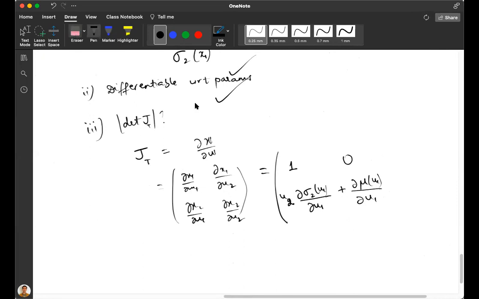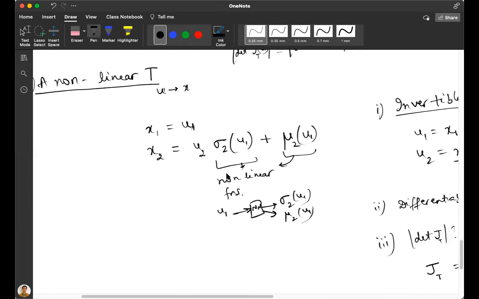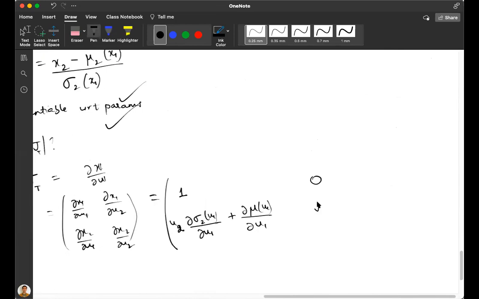Okay, this was a term, and what's the next term? Dou x2 upon dou u2. It'll be sigma 2 of u1, simply sigma 2 of u1.